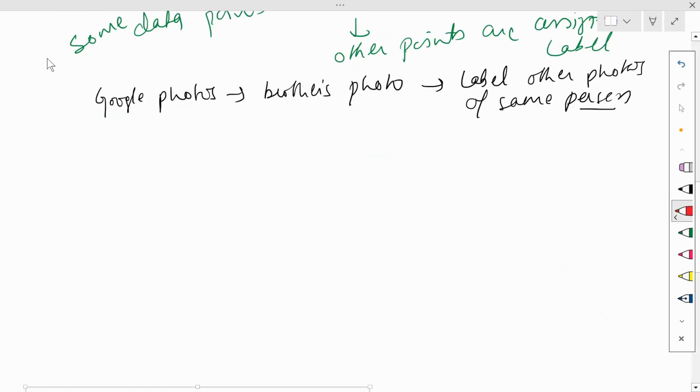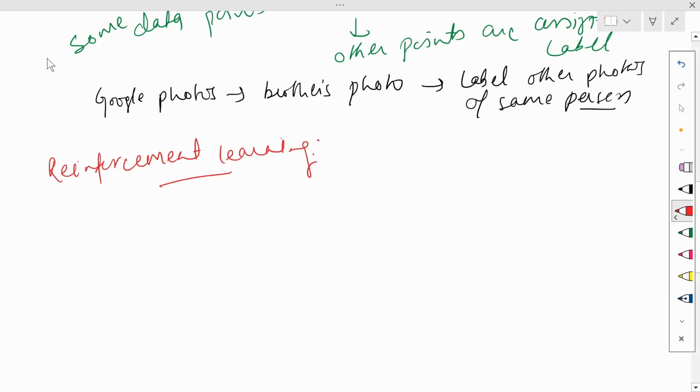The other category is reinforcement learning. As the name suggests, we are enforcing the algorithm to learn from its environment. In this case, no past data points or labels are given to the system. Instead, we ask the system, which is called an agent, to perform some task. On the basis of that task, either a reward or a penalty is given.